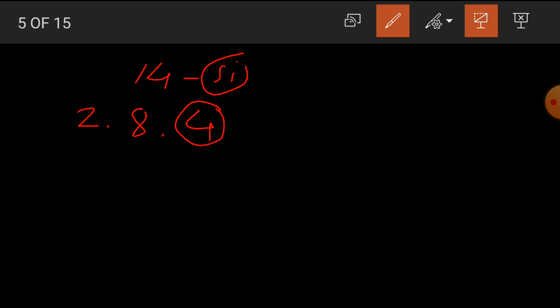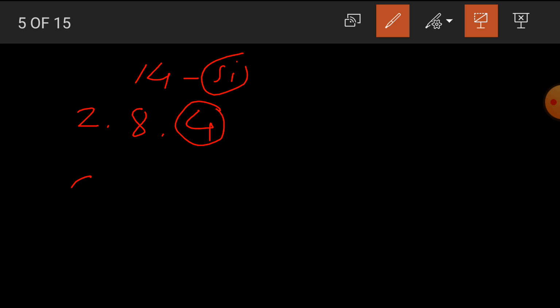We can write the electronic configuration of silicon as: the first orbit contains 2 electrons, the second orbit contains 8 electrons, and the outermost orbit contains 4 electrons.